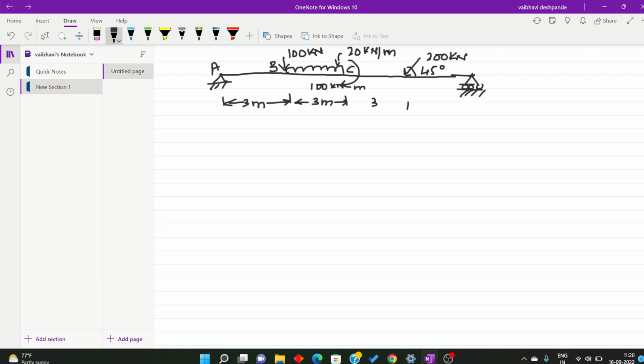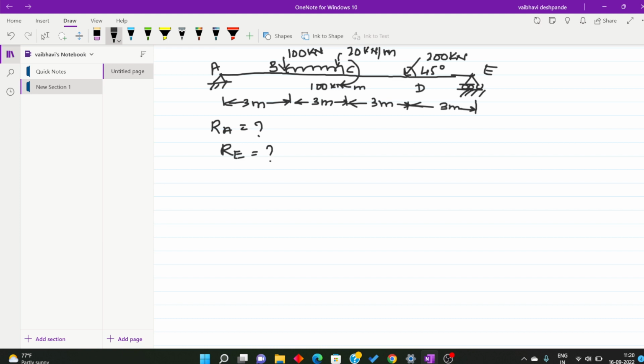Okay, so this is 3 meters and it is also 3 meters. This is point D, point E. They are asked to find RA and RE. We have to find. How to find RA and RE?